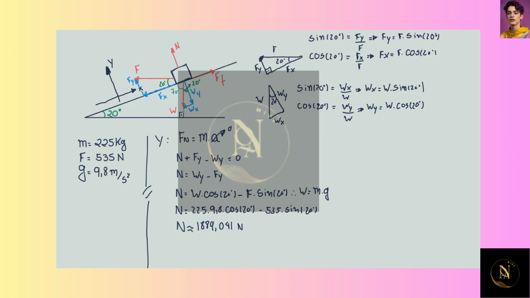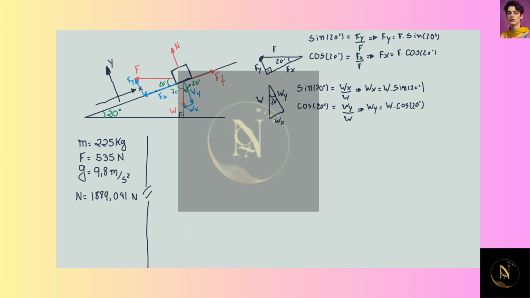For that, let me organize my board. Okay, now applying it to the x direction, we get that the net force is equal to the mass times the acceleration of the crate in the x direction. The crate is at rest, its acceleration is again 0. So notice that the net force in the x direction is composed by three forces again.